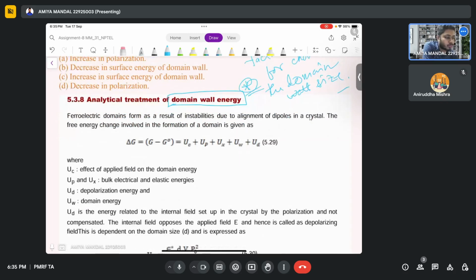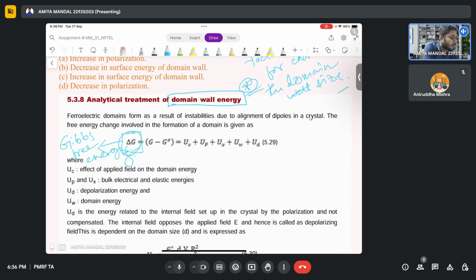For this, we must learn about the free energy, and how free energy is contributed in domain wall formation.